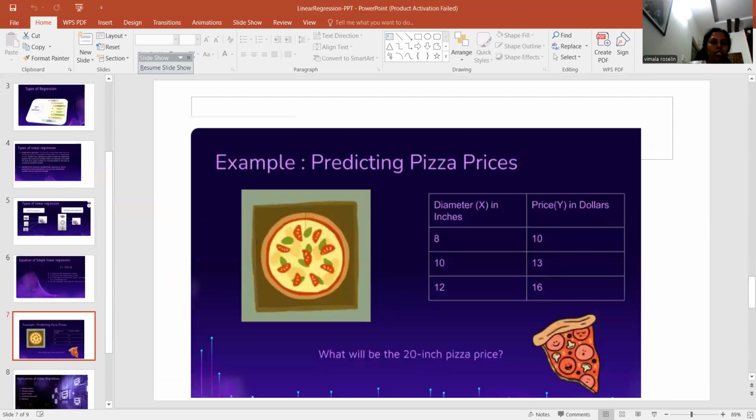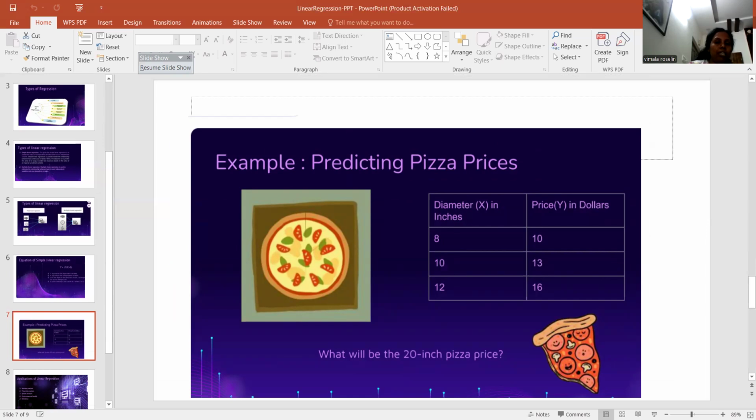Here is one more example, predicting pizza prices. Many pizza sizes in inches are given, along with the prices. An 8-inch pizza is 10 rupees, a 10-inch pizza is 13 rupees, and a 12-inch pizza is 16 rupees. Likewise, what will be the price of a 20-inch pizza?